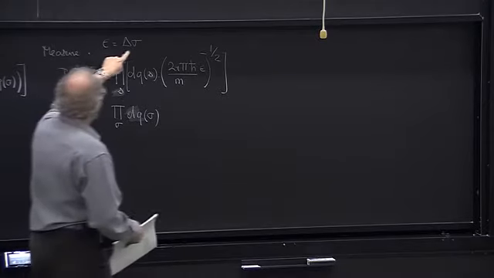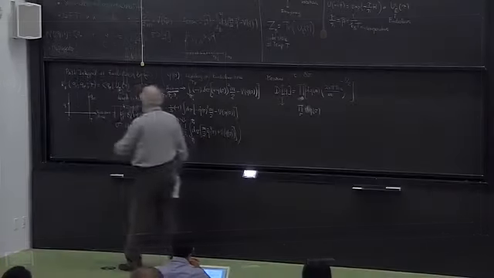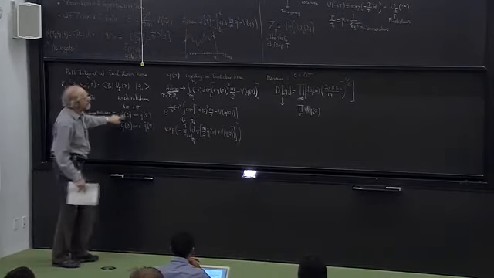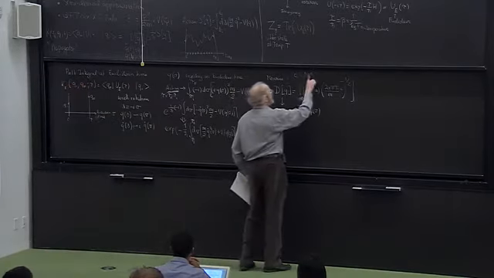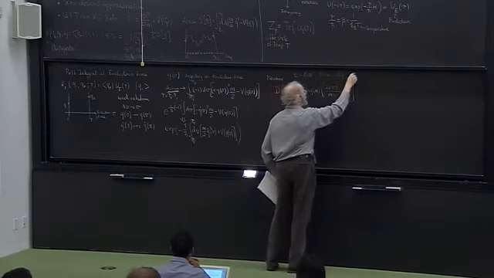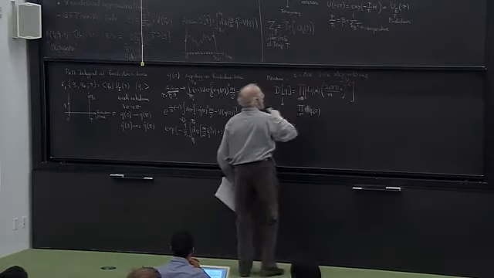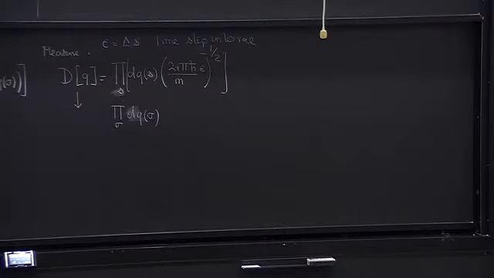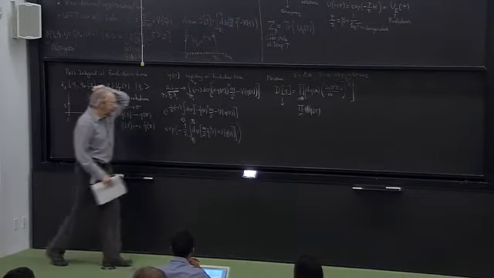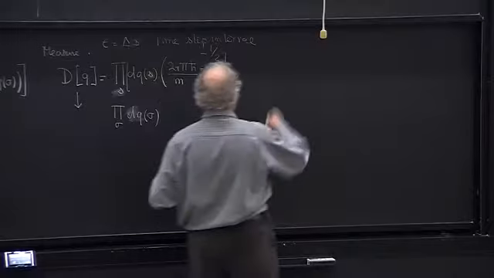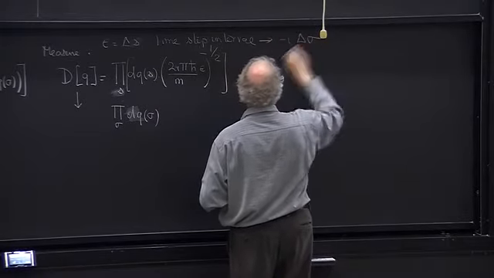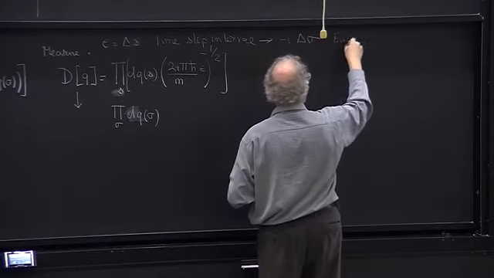So since sigma is i times s, epsilon was delta s, the time step interval. So epsilon becomes minus i times delta sigma, the Euclidean time step.